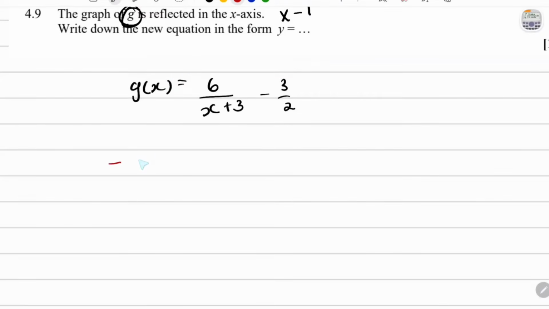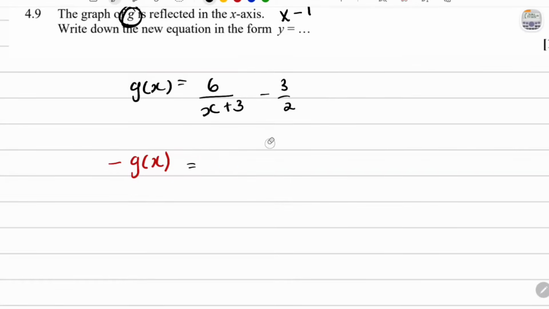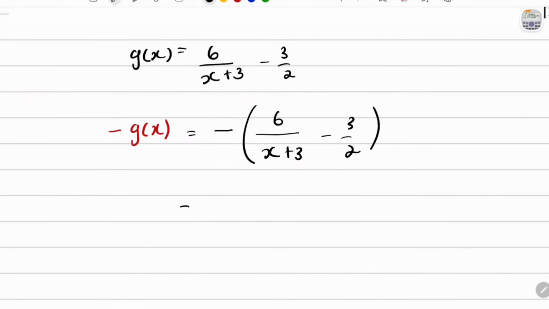So we have negative g of x, okay? What happens is we have a negative being multiplied into it, so it's going to appear in front of it like that. So we have negative 6 over x plus 3 minus 3 over 2. And then you can just distribute this.